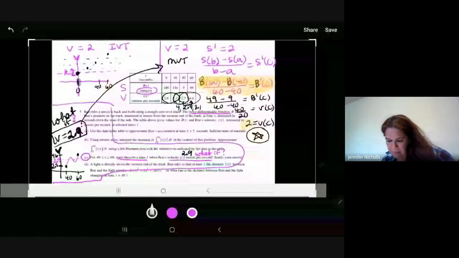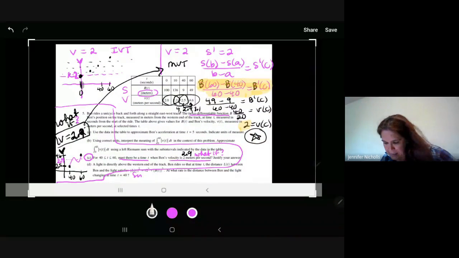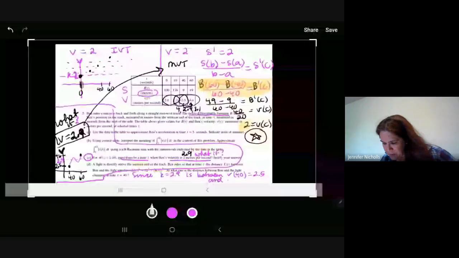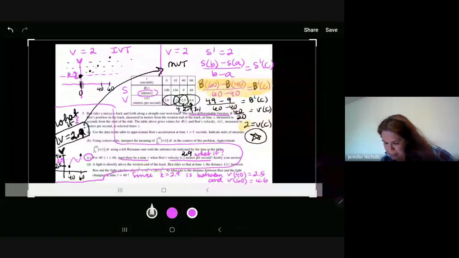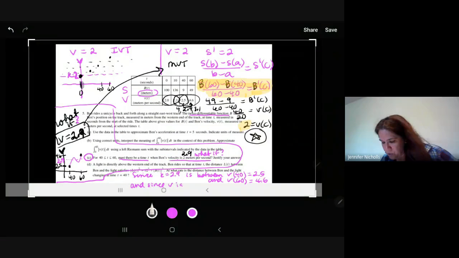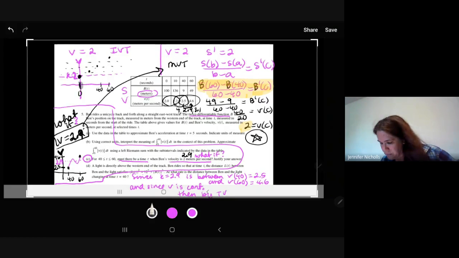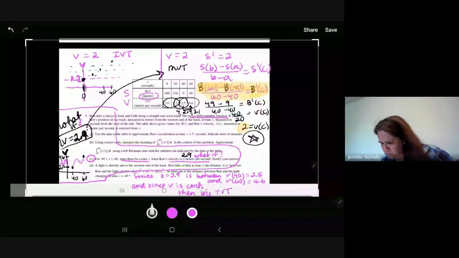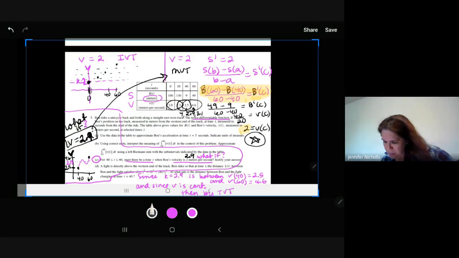And how you would have worded it is you would have said, since k equals 2.9 is between v of 40 equals 2.5 and v of 60, which equals 4.6, and since v is continuous, you just need continuity to do intermediate value theorem, then by intermediate value theorem, it's not liking me to put my I right there.